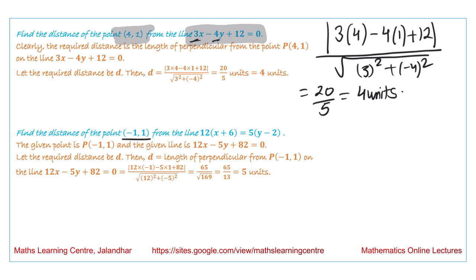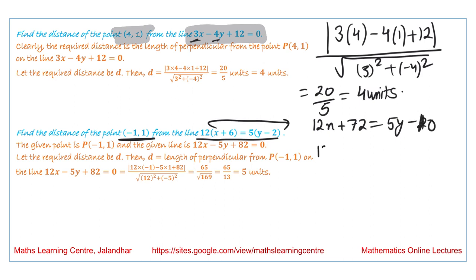Next is to find the distance of the point minus 1, 1 from this line. If we simplify, we get 12x plus 72 is equal to 5y minus 10. So the equation becomes 12x minus 5y plus 82 is equal to 0.